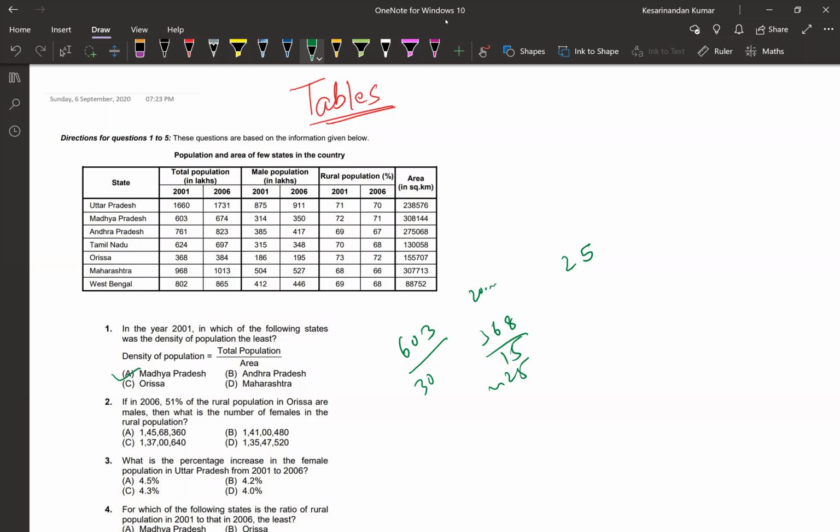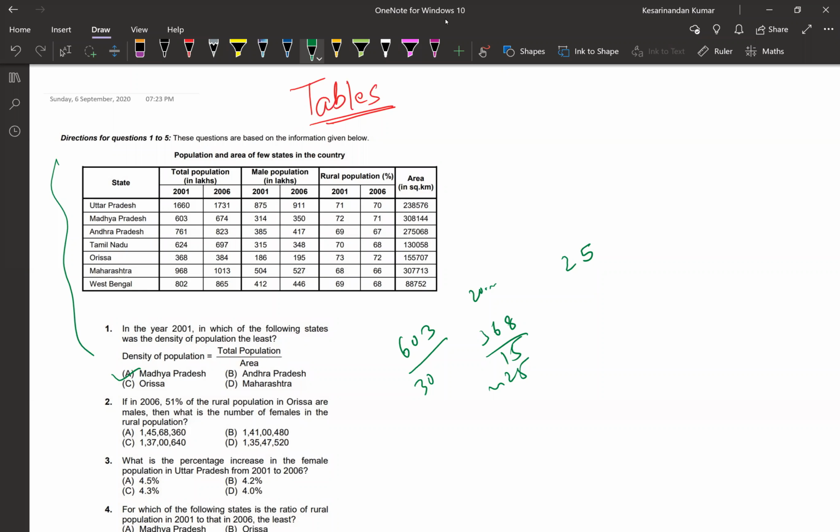Trust me, guys, if you can master this method of oral calculations, this will be your biggest time saver. I mean, you won't expect such questions in CAT. You might expect such questions in other exams like NMAT, then you have the IFT exam and various others. I never gave such exams because I did not deem it necessary.